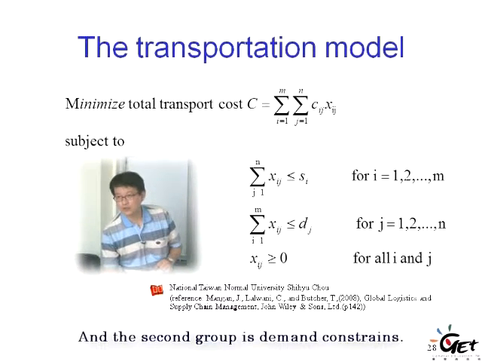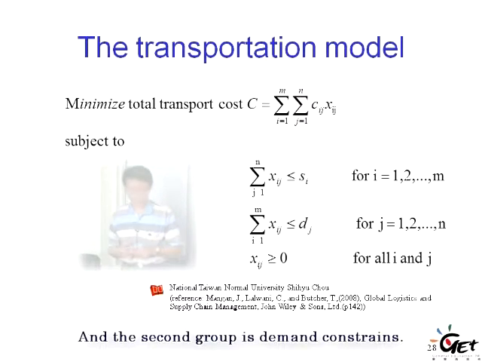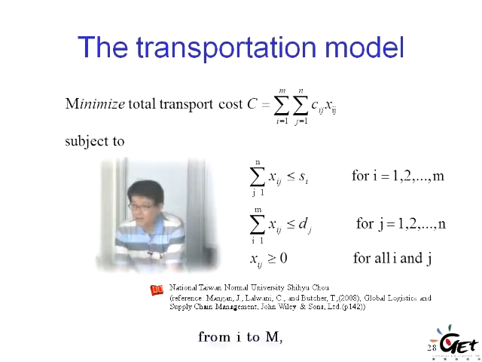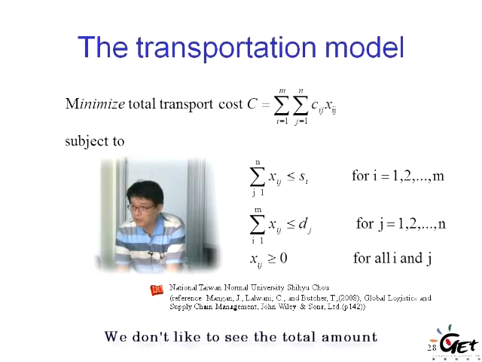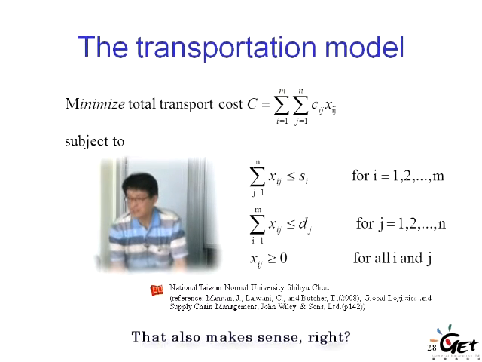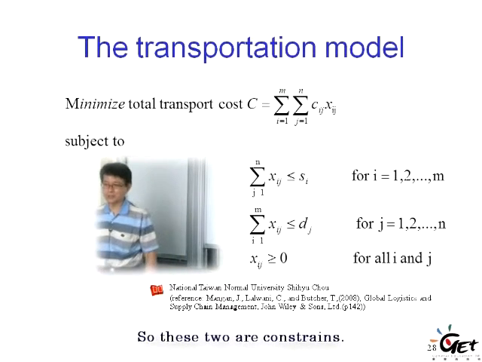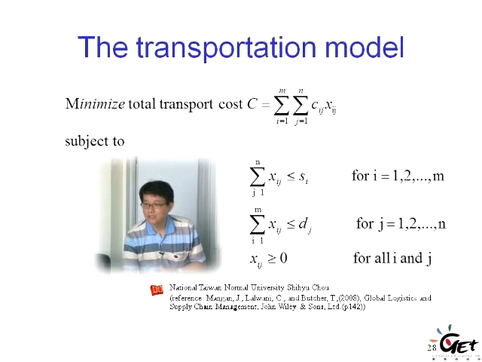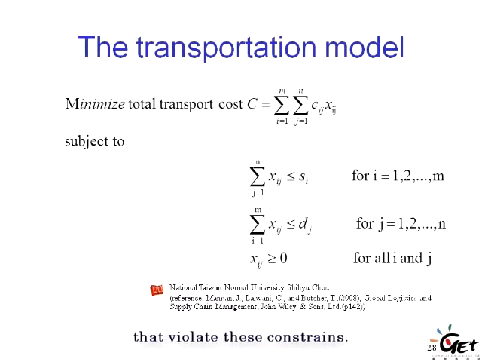The second group is the demand constraints. We don't want the total amount sent from different origins, different suppliers, from 1 to n, all the way to j, to exceed the demand at this retailer j. That also makes sense. So these two are constraints. We don't want to find values Xij that violate them.